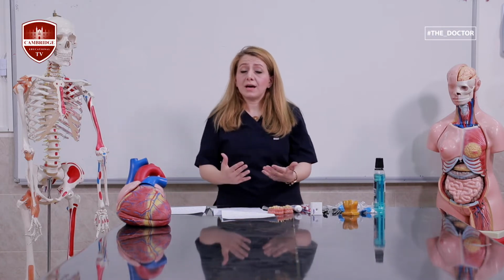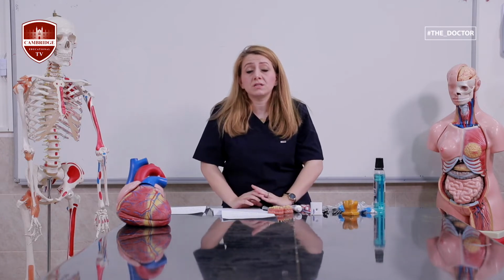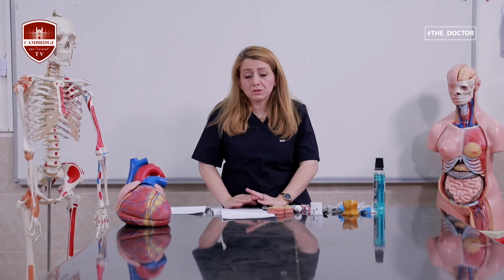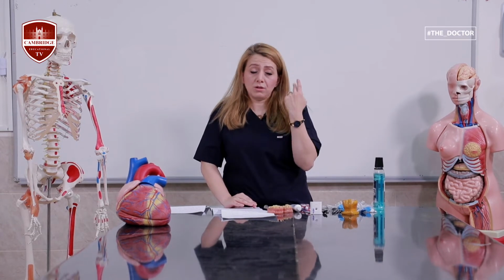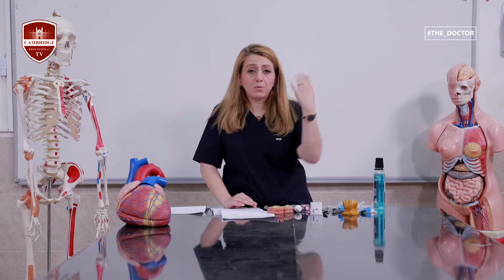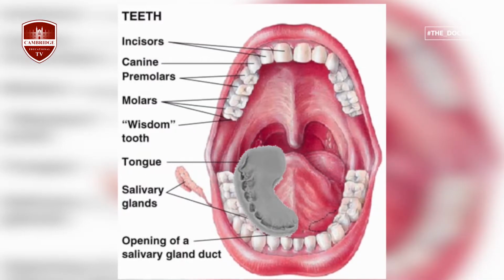Then after that, just right behind them, I have another 2 sets of teeth. They are called the premolars. The premolars, there are 2 on each side, on the right and on the left, 4 on the upper, 4 in the lower. I'm talking about the permanent teeth, definitely.